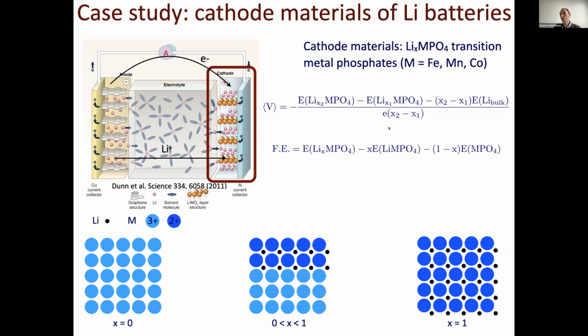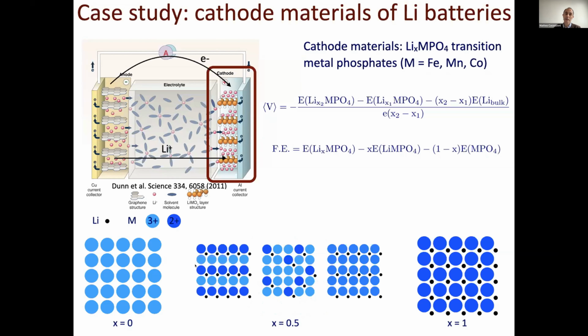So this formation energy should be positive for anything we can imagine in between, because we need to obtain that no intermediate phase forms, okay? While we need an accurate energetics for this phase and for this phase if we want to capture the average voltage of the battery.